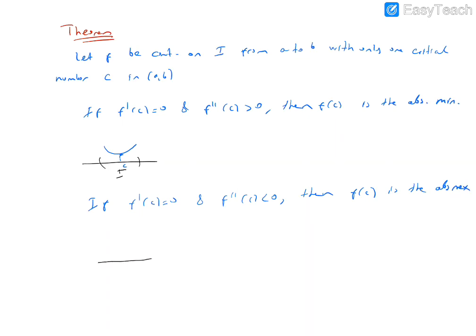So the function graph on the open interval I is like this one. So this point is the absolute maximum value, the maximum point.